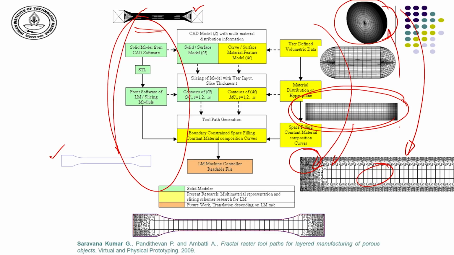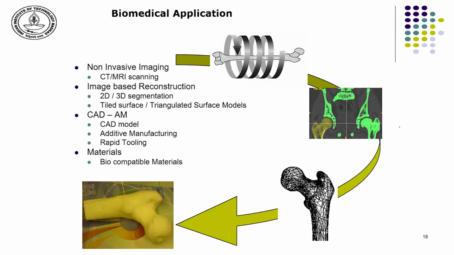There are a lot of applications to this. One of the application domains that one can think of is trying to understand how the natural bones are heterogeneous, which have varying density.